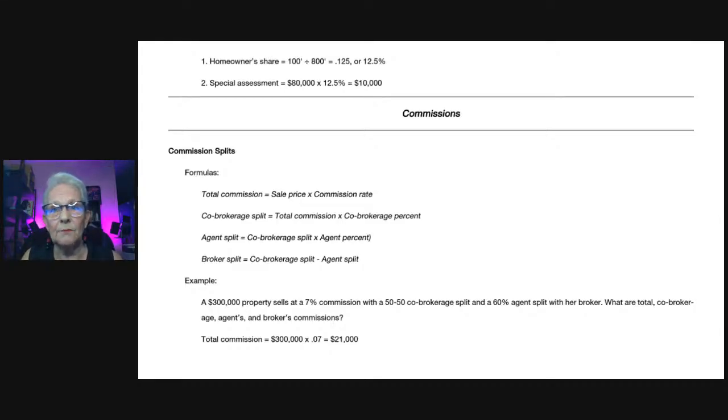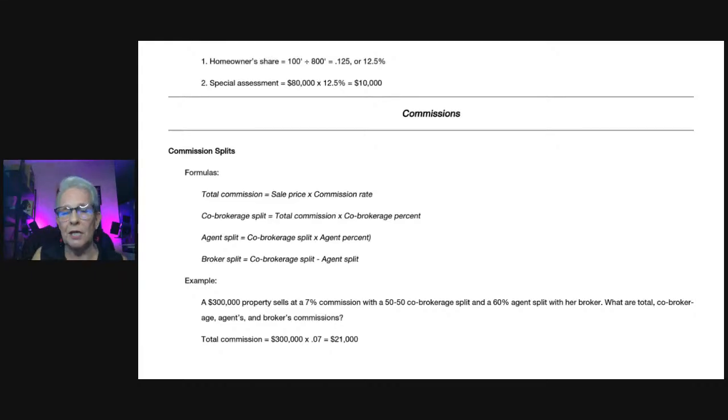And sometimes they have a gradual increase in commission split. So as your sales increase, it could go from 70-30 to 80-20 and then 90-10, eventually 100%.